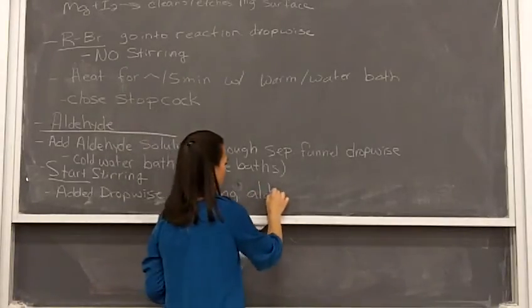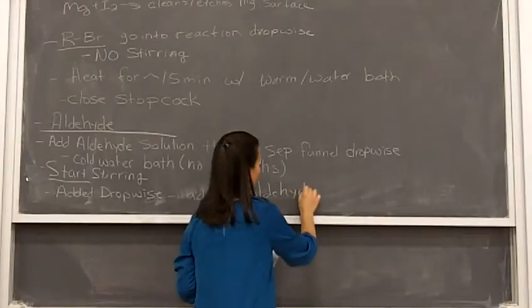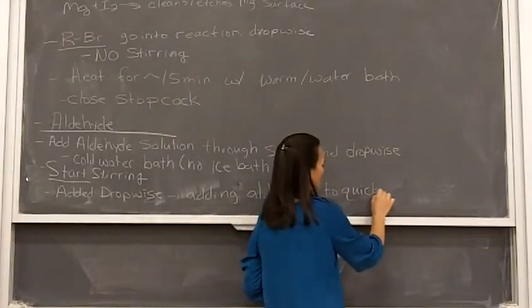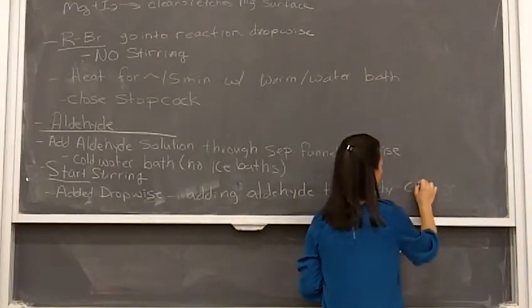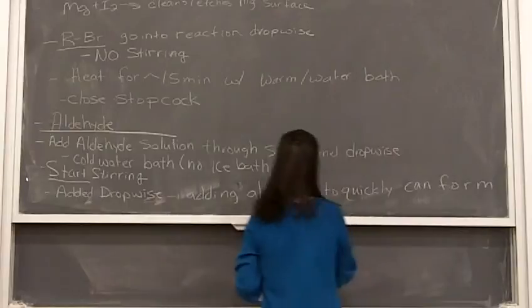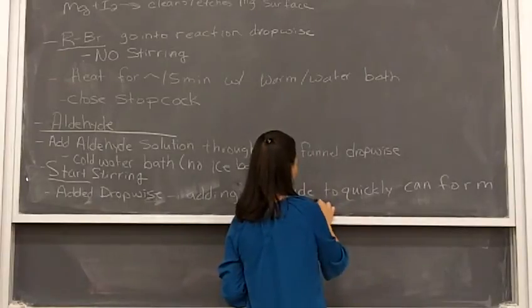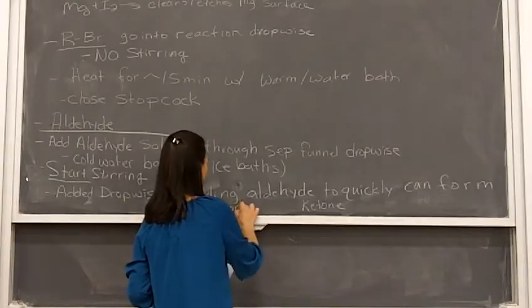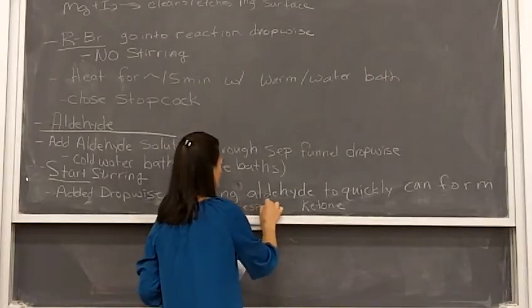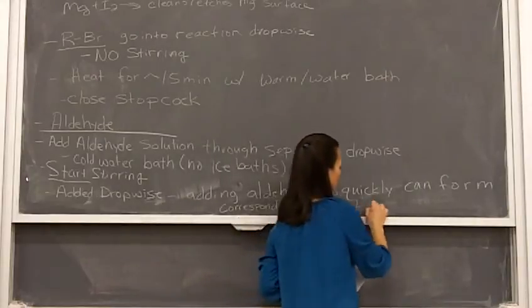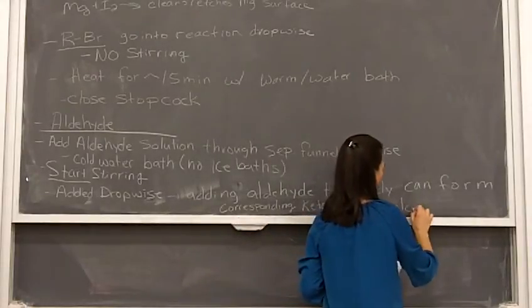To control the exotherm, but also adding the aldehyde too quickly can form the corresponding ketone to the alcohol product.